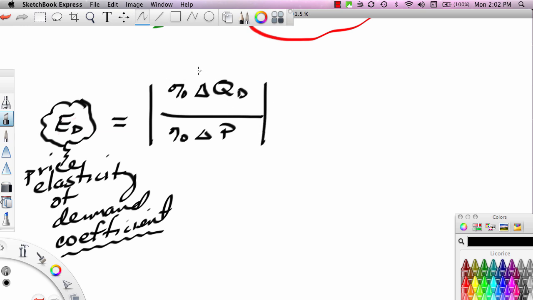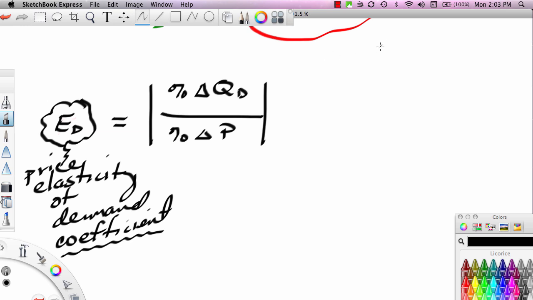So we're going to take the percentage change in Q, absolute value, which means we're going to ignore negativity, and we're going to take the percentage change in P, again, absolute value, we're going to ignore negativity, and we're going to look at the ratio between those two. Now, just a word about absolute value, just a little side lesson on the math here.